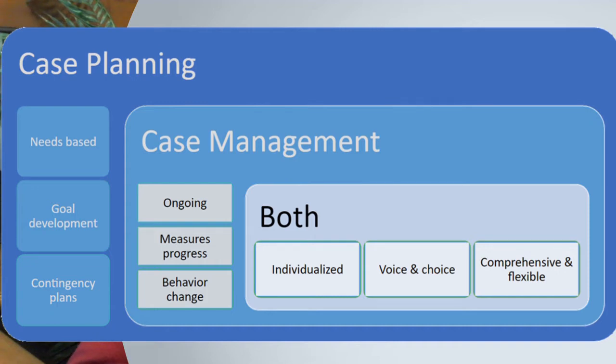Both case planning and management are comprehensive in that we engage in understanding the strengths, needs, and socio-historical context that impact the youth's ability to engage in the services being coordinated. And remember that both are flexible, in that the priorities, the services, and the needs of the youth can shift over time.